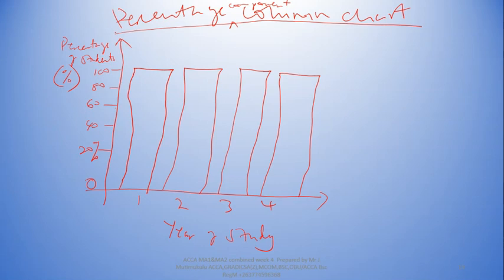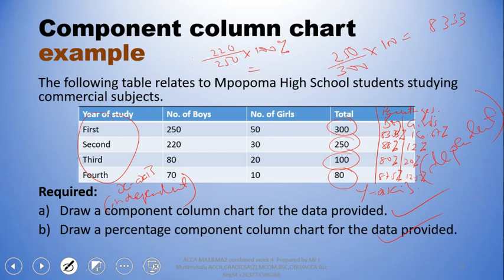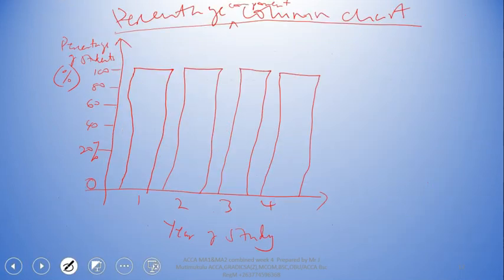So what happens is we then have to go back to the computations which we have made for year 1. We determined that for year 1 there was 83.3% for boys. So we go here and we get our 83 at this level.